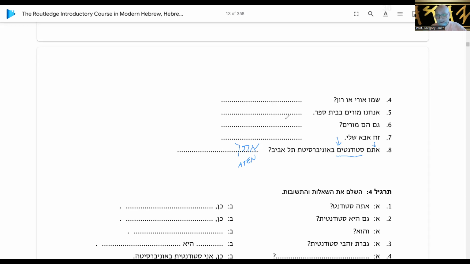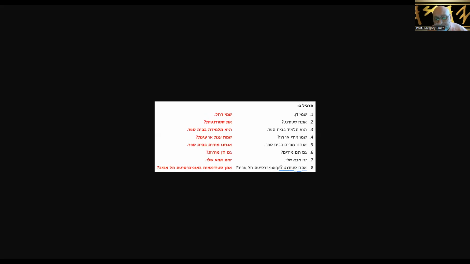Okay, so in Hebrew, let's take a look at it. Atem studentim, you all are students beuniversitat Tel Aviv, in the University of Tel Aviv. And here it is, aten studentiot. There it is. See that?